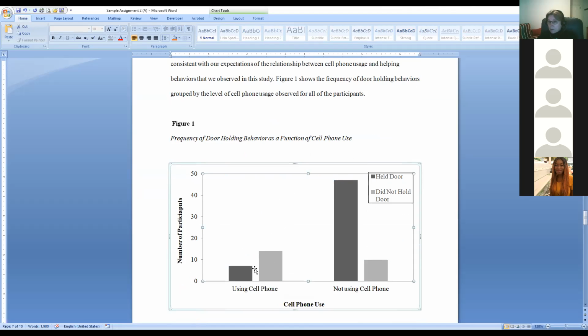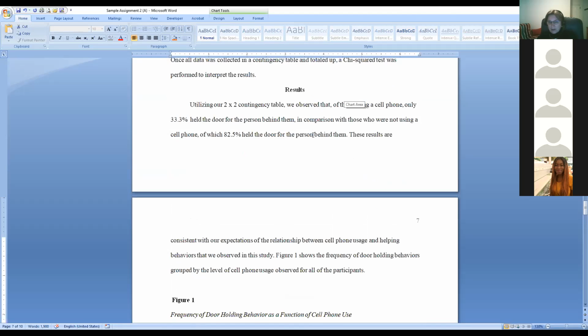Okay, so these are raw numbers and they're kind of hard to compare. That's why converting them into percentages gives us a very nice understanding of the results. So a third of people held the door if they were on the phone, while a whopping 83% did that when they were not on the phone.